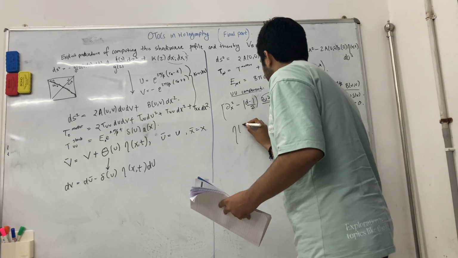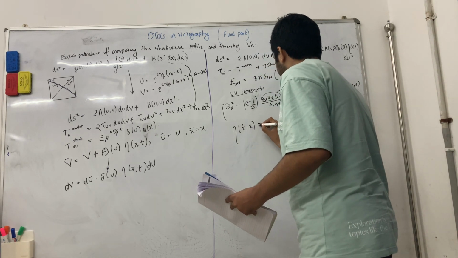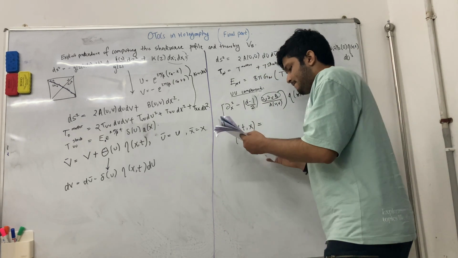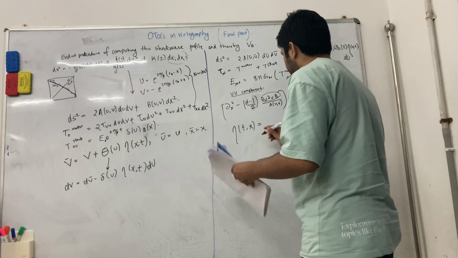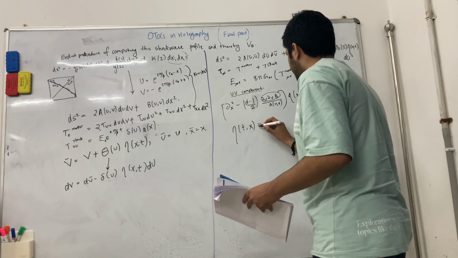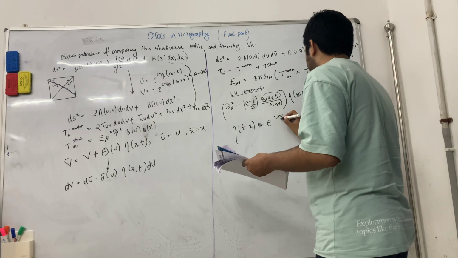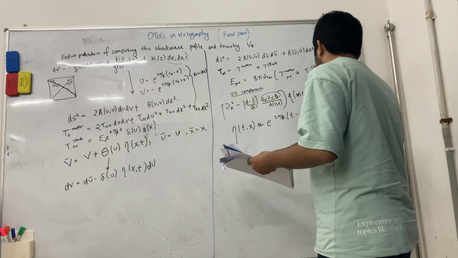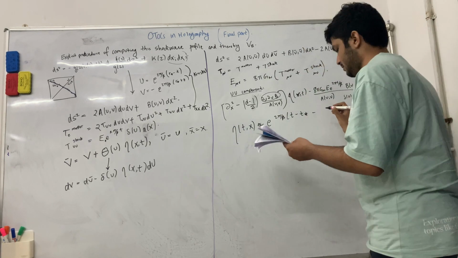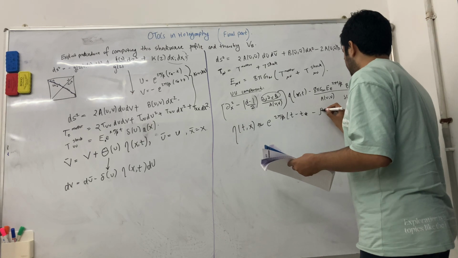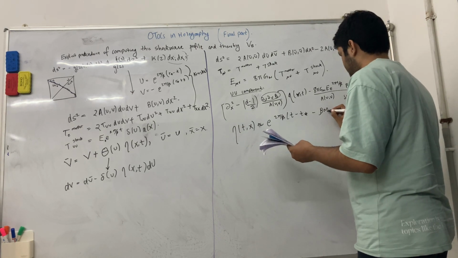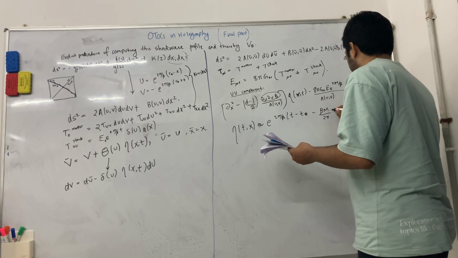So this is what my shockwave profile turns out to be. It takes the following form, barring a factor: 2 pi by beta (t minus t star) minus beta m by 2 pi x.